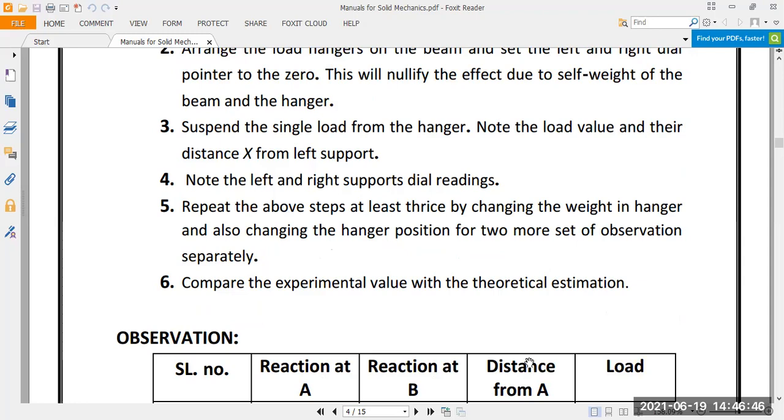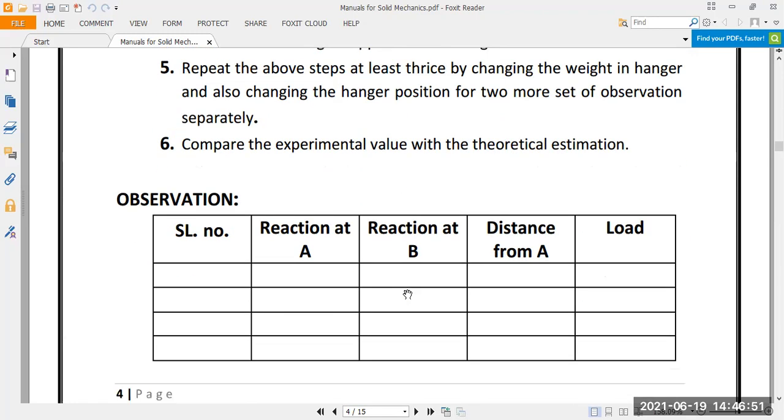Now, how will you do it? First of all, the serial numbers are put according to the system: 1, 2, 3, 4, 5. Reaction at A is given, reaction at B is given, and distance from A is known. So the load distribution should be put here.